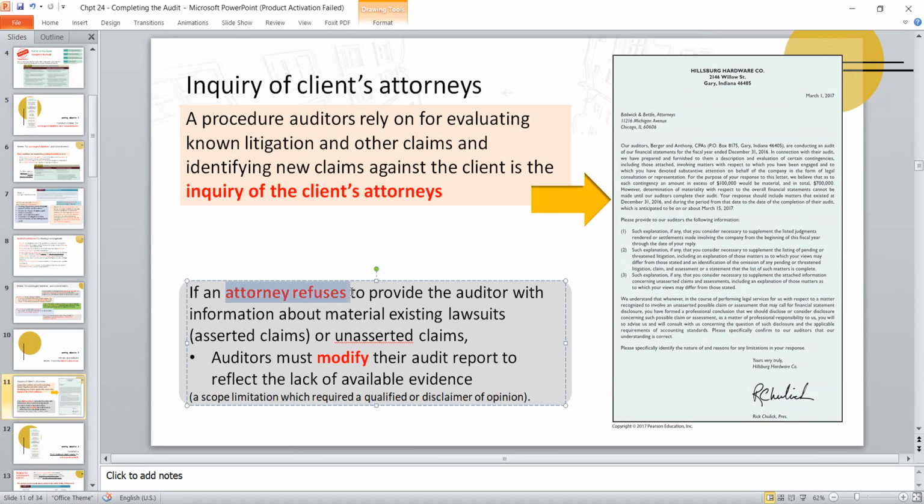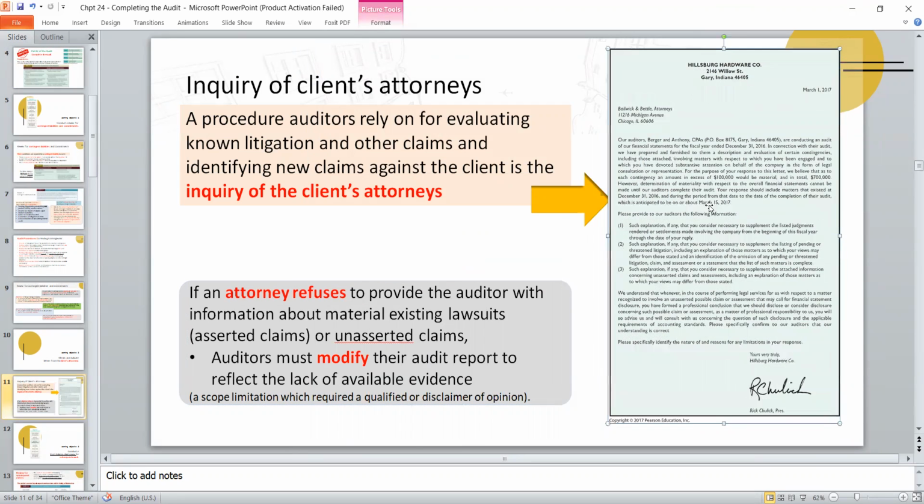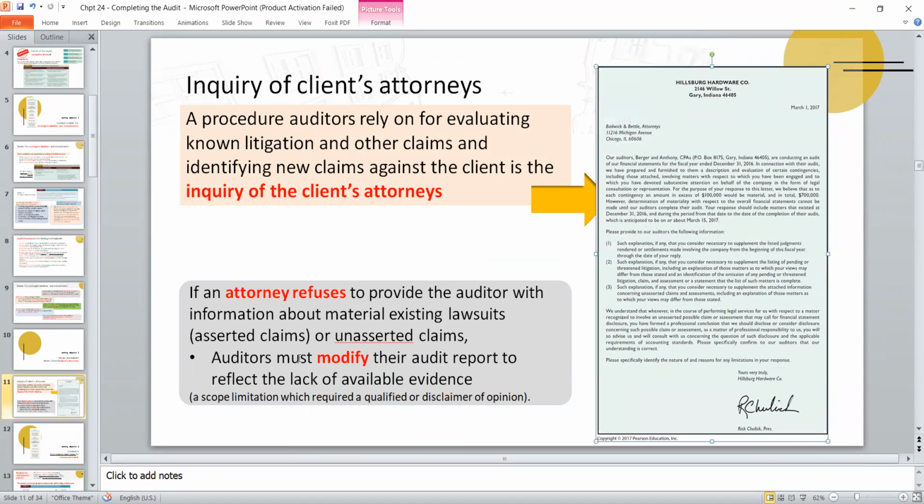Now, the issue is if the attorney refuses this kind of request, the auditor must modify their audit report, their opinion, because they lack available evidence.